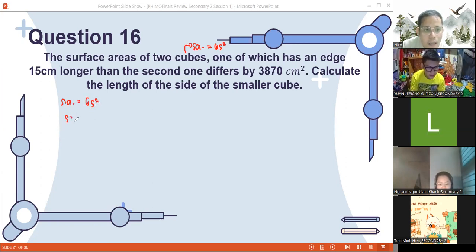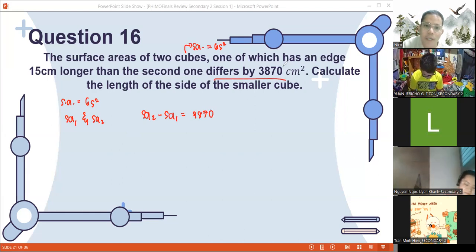Now, you have SA1 and SA2 because there are two of them. So surface area 2 minus surface area 1 is equal to 3870 because they differ by 3870, correct?